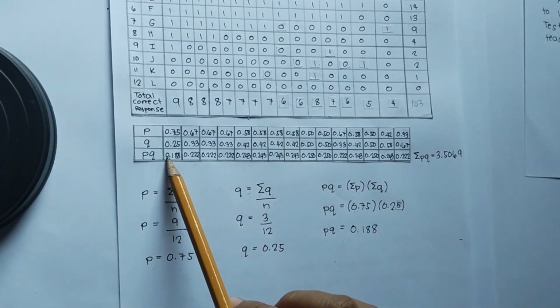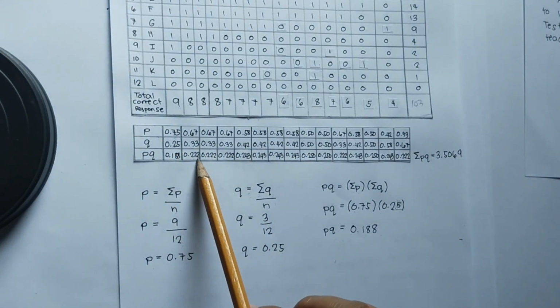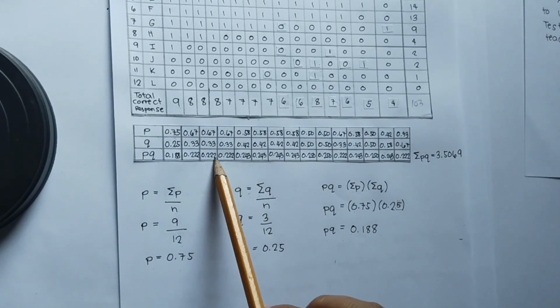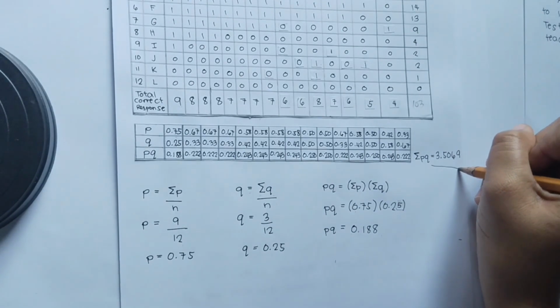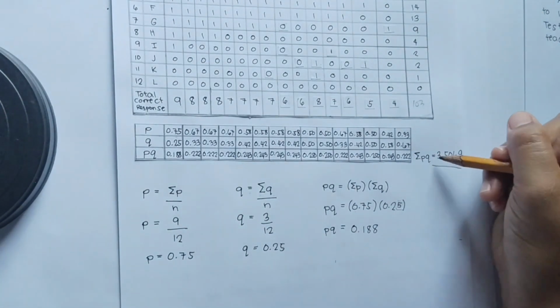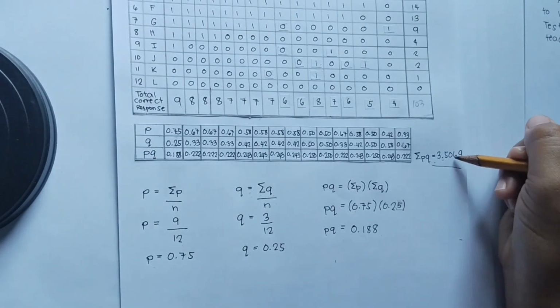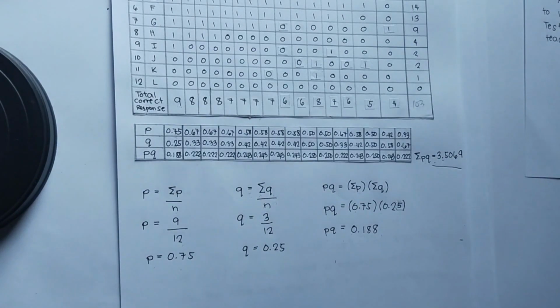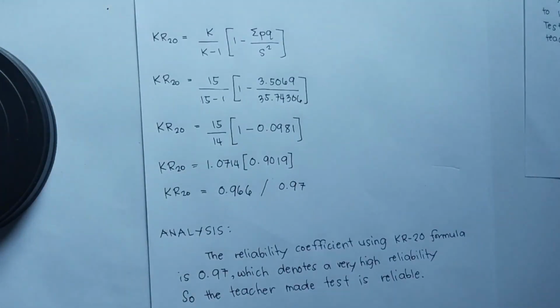So, kapag 0.188 plus 0.222 plus 0.222 and so on, ito yung value na makukuha natin. Summation of PQ is equal to 3.5069. So, ito na yung value ni summation of PQ.